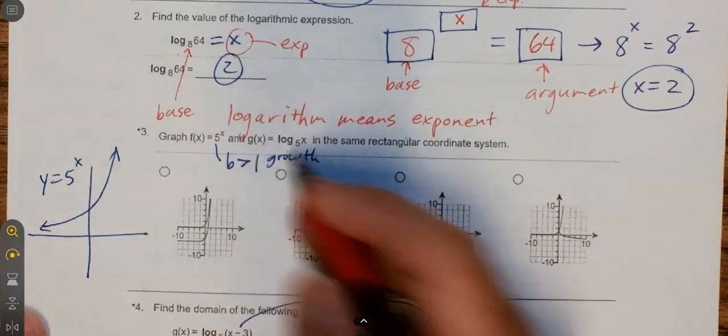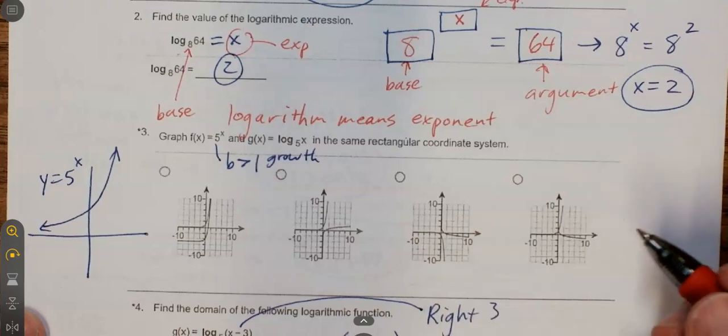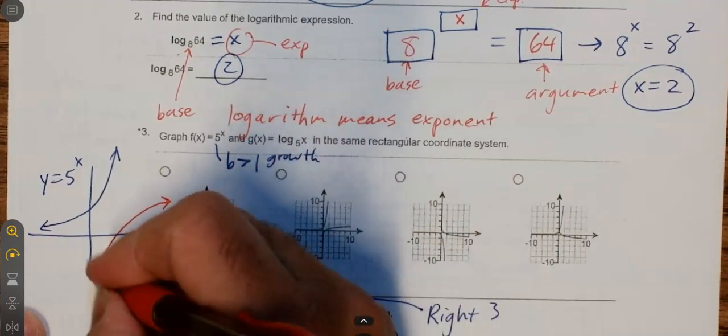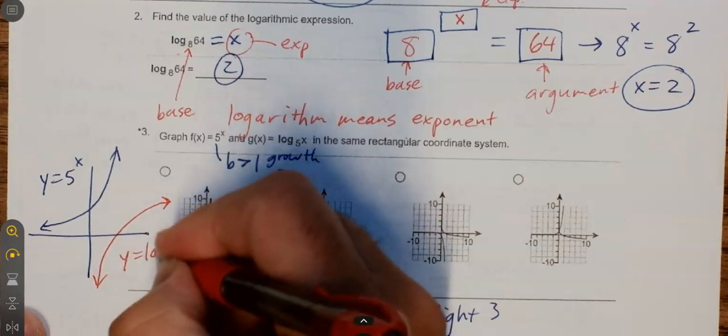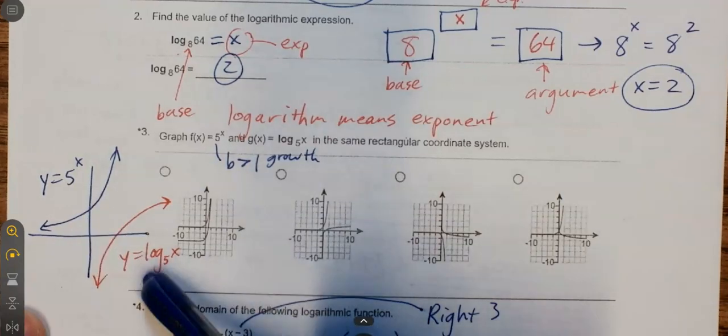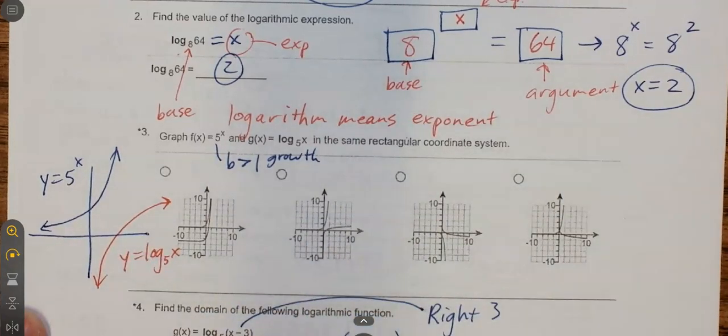And then they say, well, what about y equals log base 5 of x? We know what a logarithm function looks like. I know that they're not labeled A, B, C, D, but which one of those has a similar looking picture to the one with the blue and the red on it?